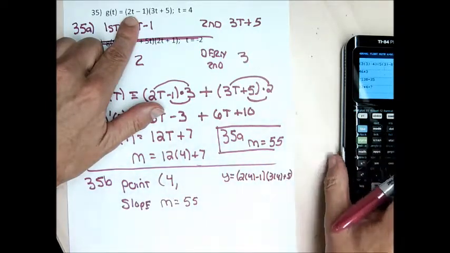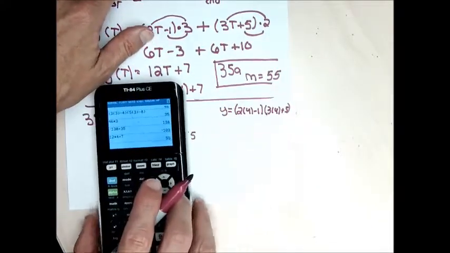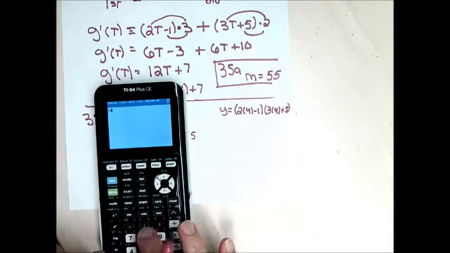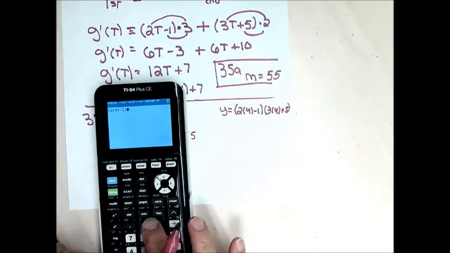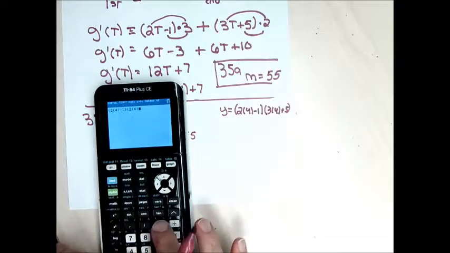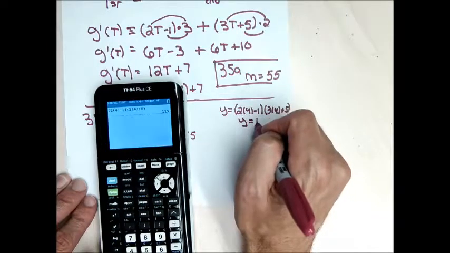And now I'm going to do that on my calculator. The y-coordinate of the point I don't care to do by hand. So I'm going to get parentheses 2 times 4 minus 1 times 3 times 4 plus 5. I think the y-coordinate of the point is 119.